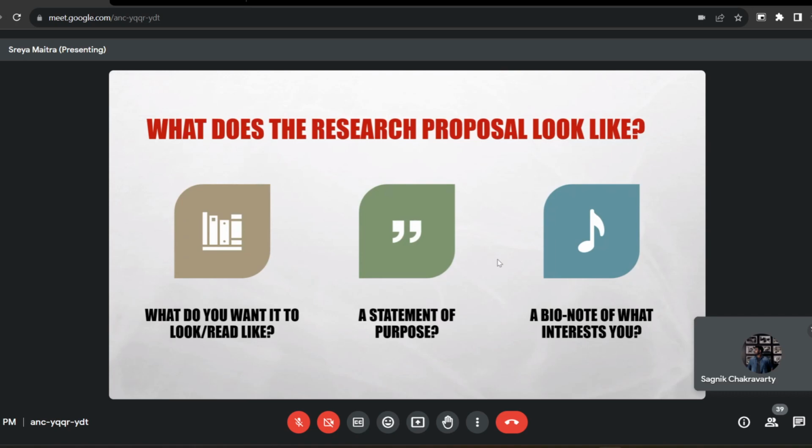A proposal is essentially a reflection of your thoughts. Just like yesterday I was saying that your research topic should be something that deeply disturbs you, bothers you, or makes you wonder if you can contribute in any meaningful way to this topic. Similarly, the way you write the proposal should be a clear reflection of what is going on in your mind.